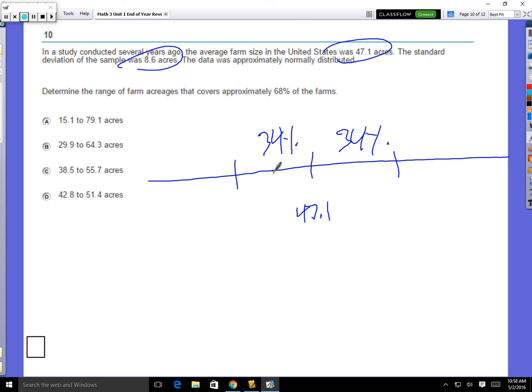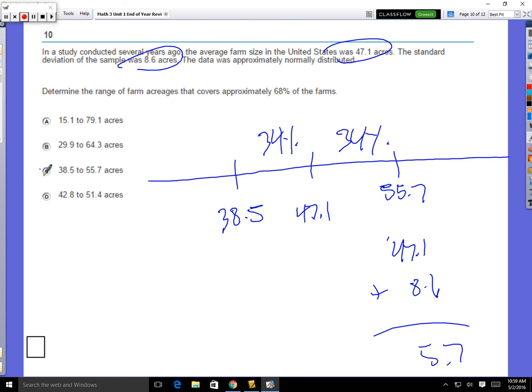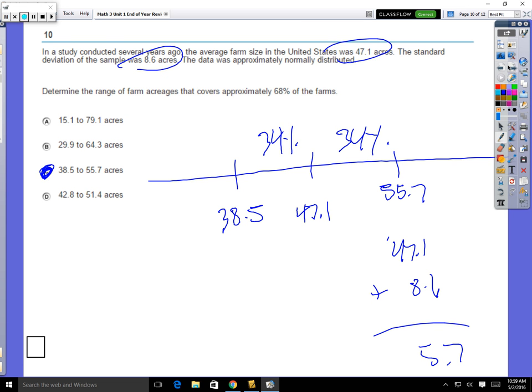If I go one higher than the average, that's 47.1 plus the standard deviation, 8.6. So that's 55.7. If I go one below, it's 47.1 minus 8.6, and that's 38.5. So 38.5 to 55.7 captures 68% of all the farms.